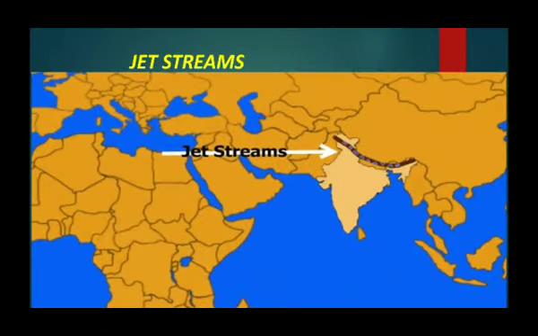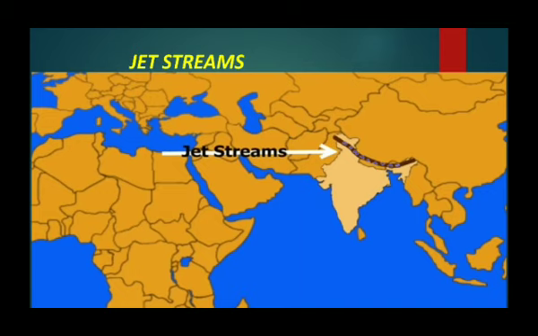Now, the another factor is the upper air circulation. The upper air circulation in this region is dominated by westerly flow. An important component of the flow is jet streams. They got their name as they blow at a great speed.